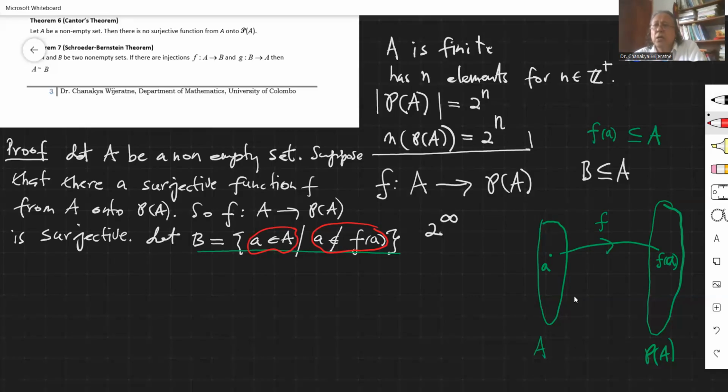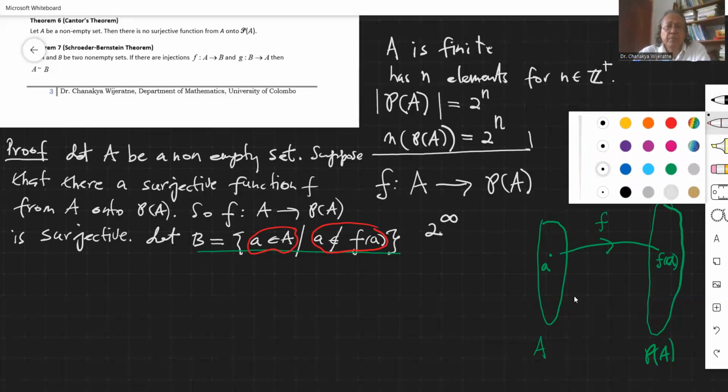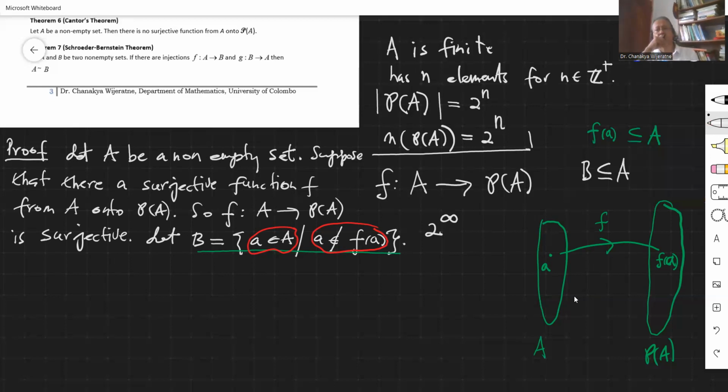Okay, now let's see what Cantor does next, right? Then he asks this important question. I have to remember that Cantor wrote his PhD dissertation, named something like, asking questions is more important than finding answers.